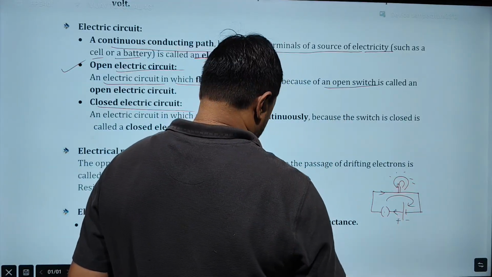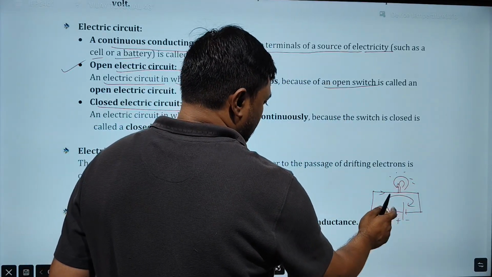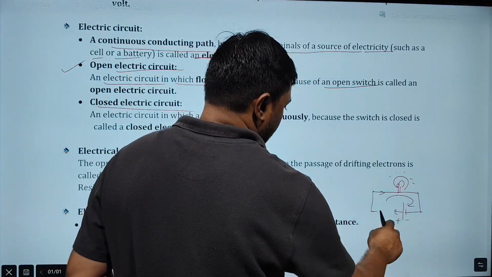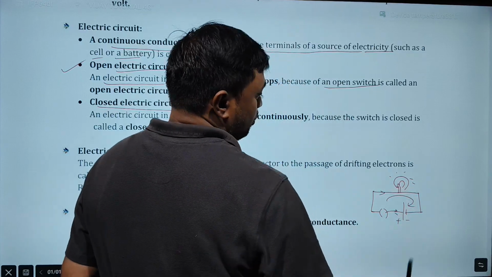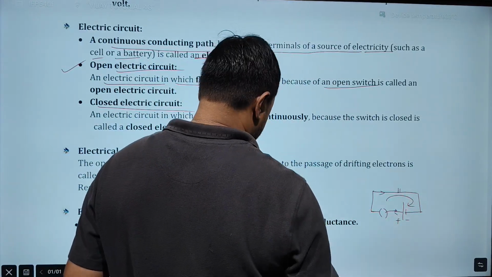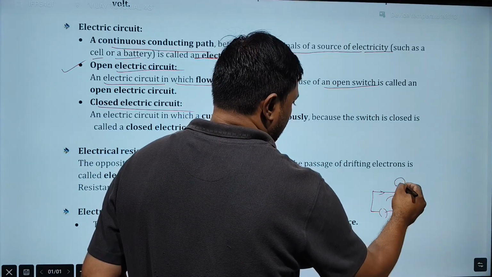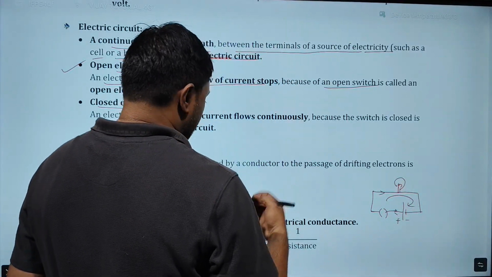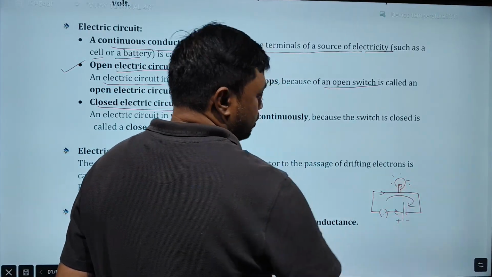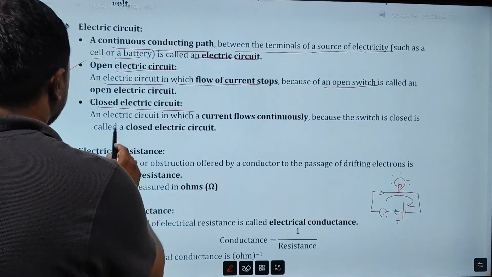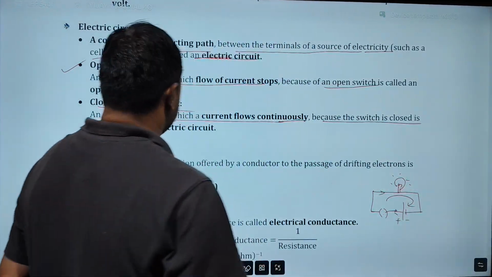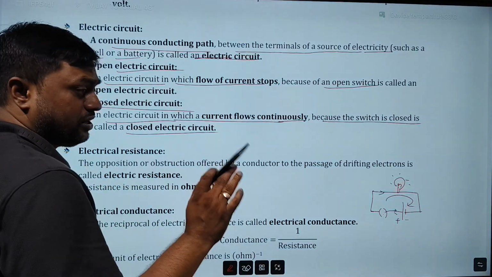If this switch is off, if it is open like this, no current will flow, and the bulb will not glow. If the switch is on or the key closed, then only the bulb will glow, and it is called a closed circuit. An electric circuit in which an electric current flows continuously because the switch is closed is called a closed electric circuit. That you should understand.